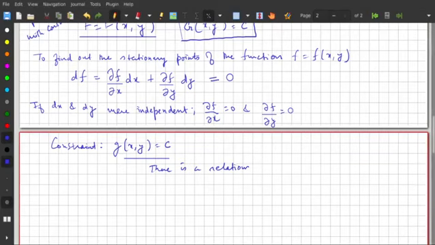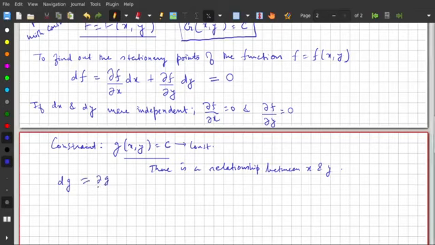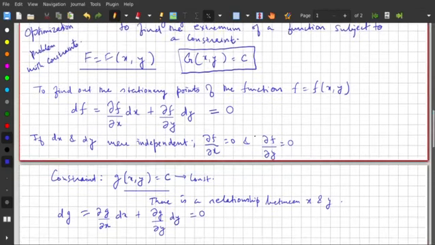Given that this is a constant, if we take the differential of g, that has to go to 0. And what is the differential of g? We can write it as partial g partial x dx plus partial g partial y dy, and that should equal 0. Let's call this equation 1 and this equation 2.